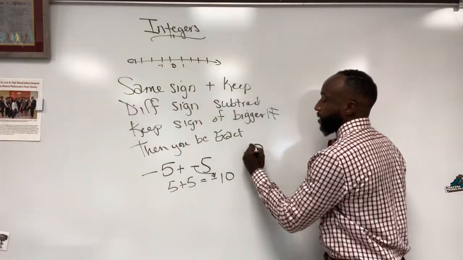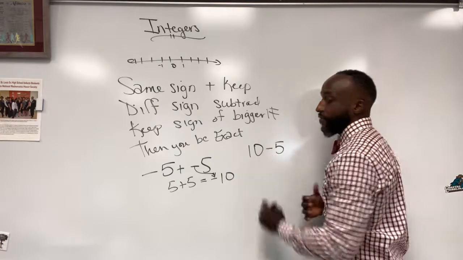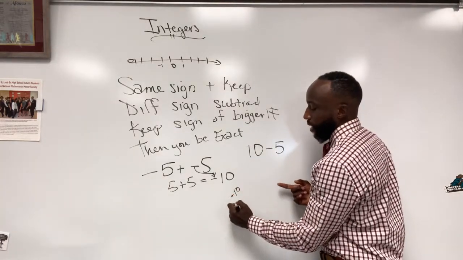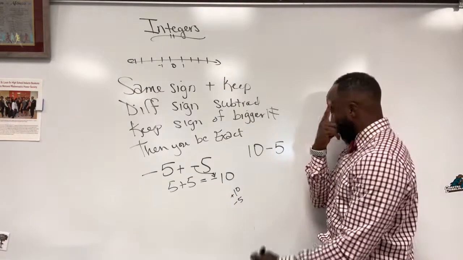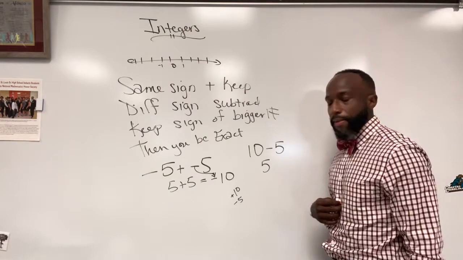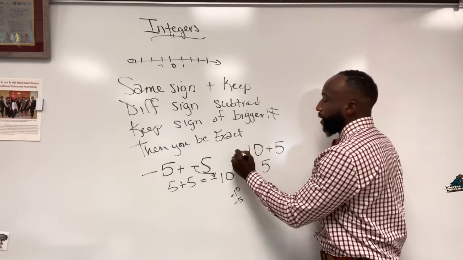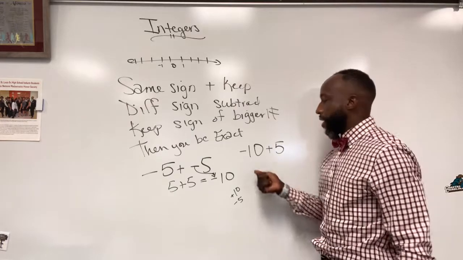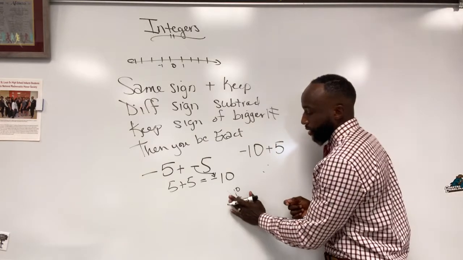Now, if I had 10 minus 5, the signs are different. I've got a positive 10 and a -5, so I subtract: 10 minus 5 gives me 5. But if I had -10 plus 5, the signs again are different.